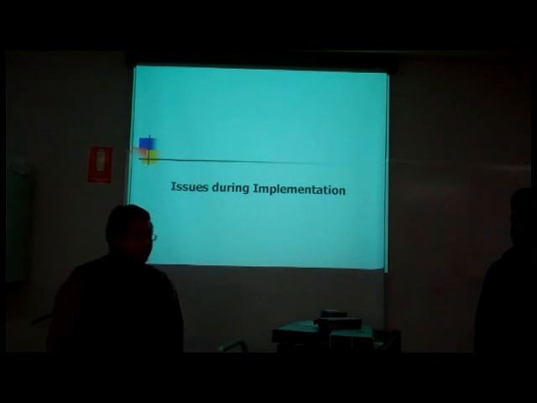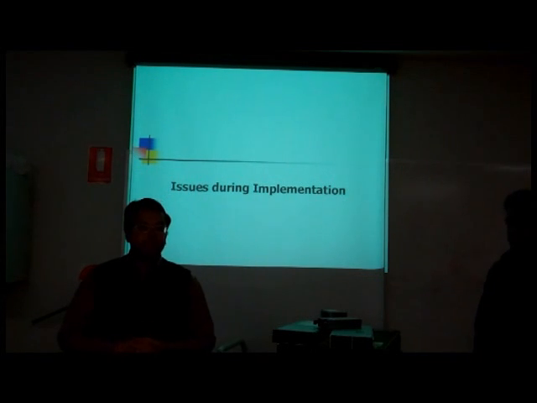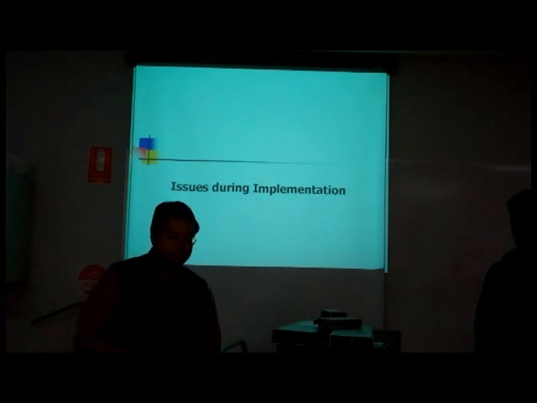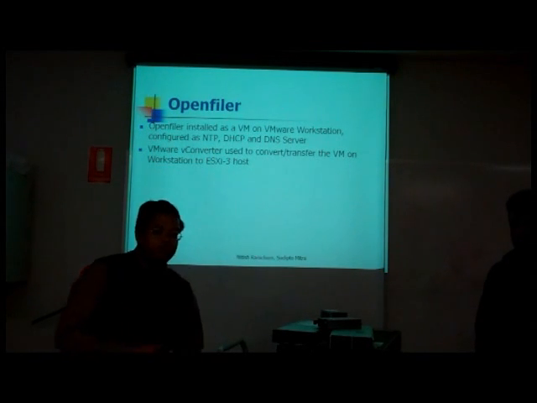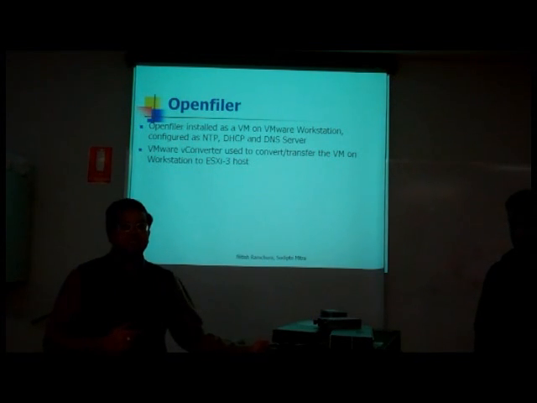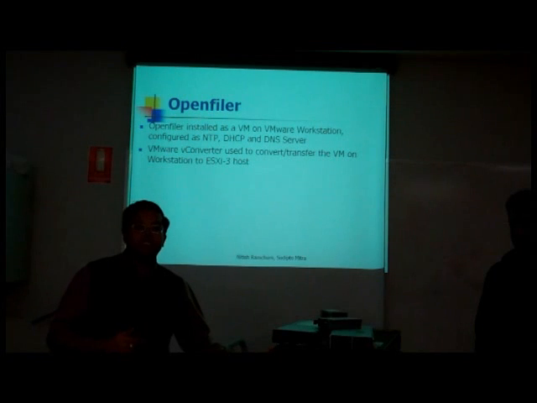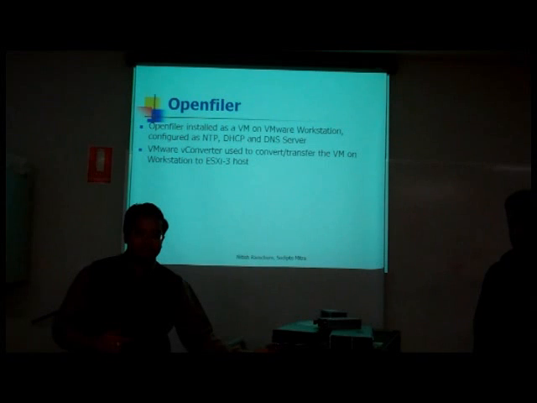Now I'll quickly go through some of the issues that we faced during the implementation of the setup. The first issue was that we could not connect the chassis, or the blade server, to the internet.